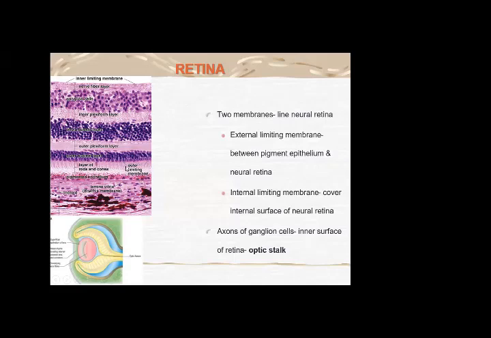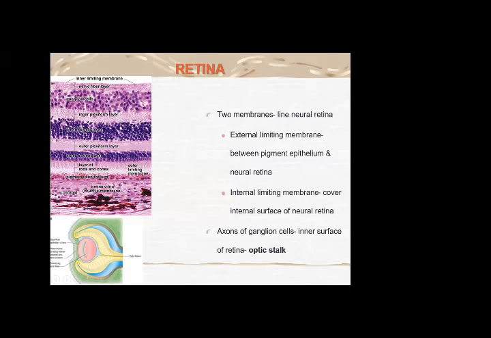Then you have the outer limiting membrane. Then the outer nuclear layer. Okay. First layer of nuclear cells, neurons, first layer of neurons. You can see their nuclei. Then comes the outer plexiform layer. This is the inner nuclear layer, cells of the second layer of neurons.